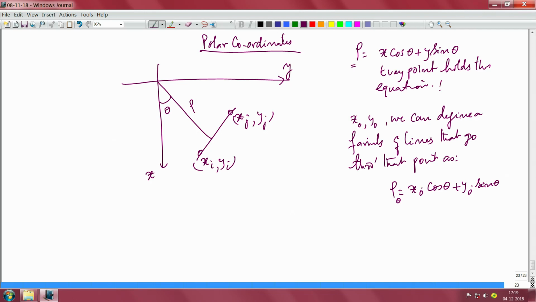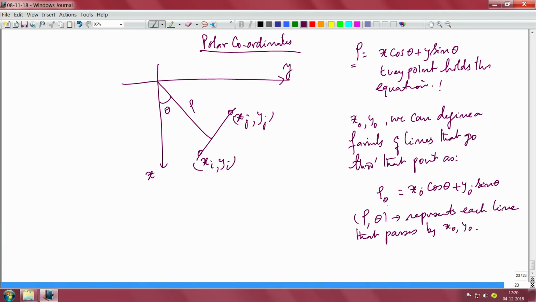Meaning that each pair of rho theta represents a line that passes through x naught y naught.